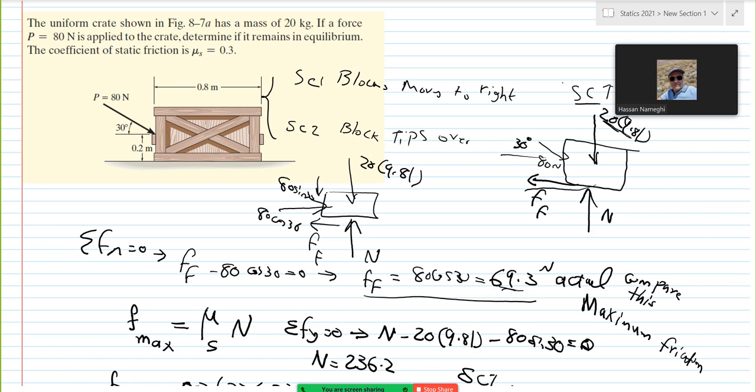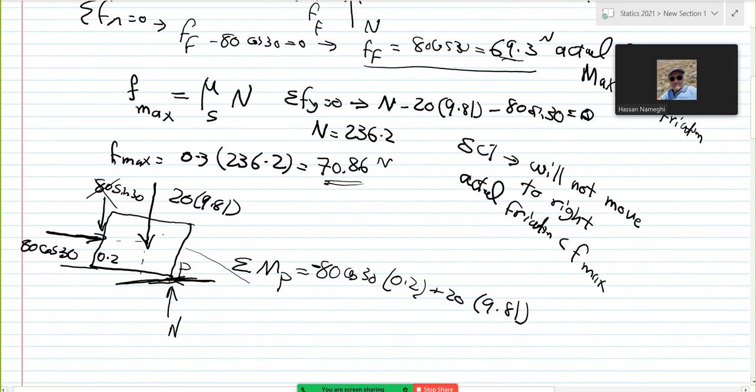Actually, you see there is an edge here. The other force will create a moment too. This 80 sine 30 will create a rotation because there is an edge there. That edge will create a rotation. So the 80 sine 30 will create the same rotation as 20, right?